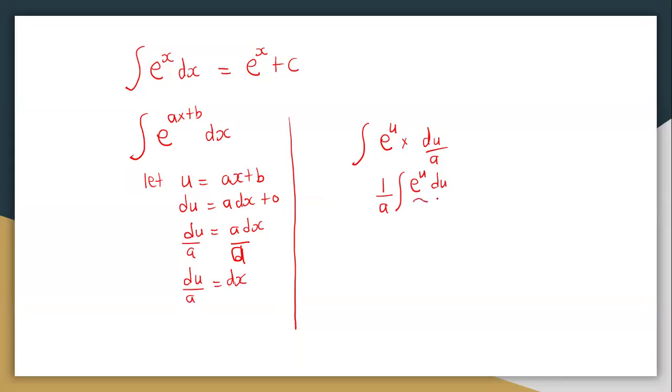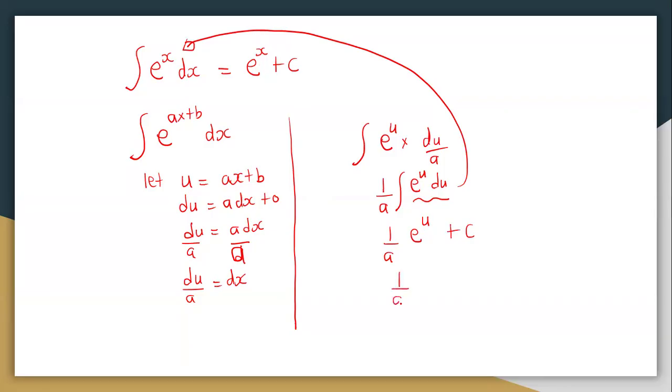When you look at e^u du, it resembles our general rule that whenever I have e^x dx, I have e^x. So the integral of e^u du is 1 out of a times e^u plus a constant. But we said that u is ax plus b.